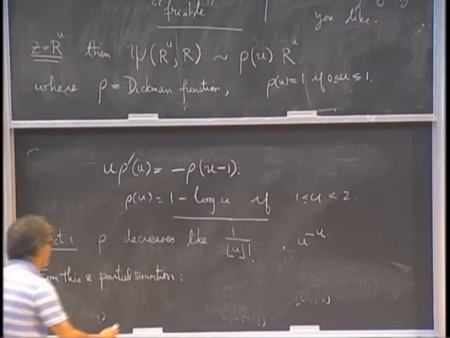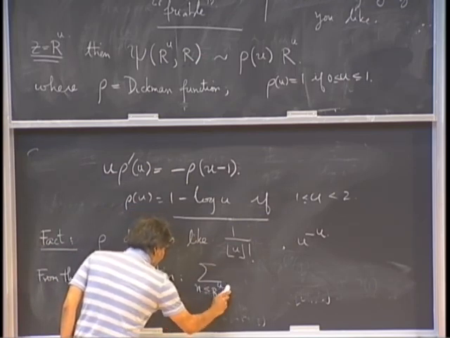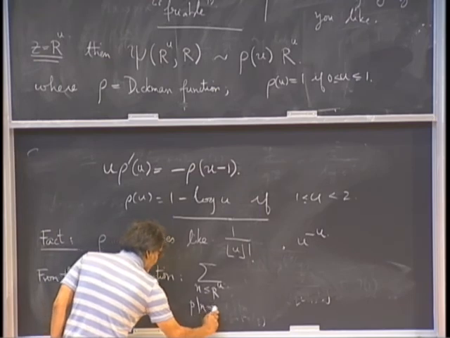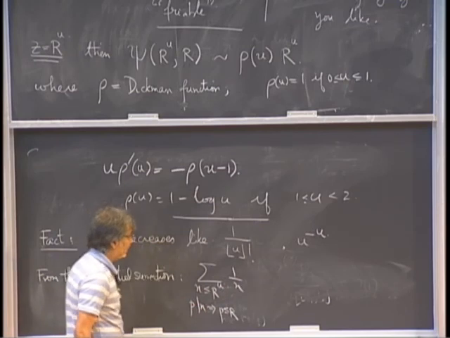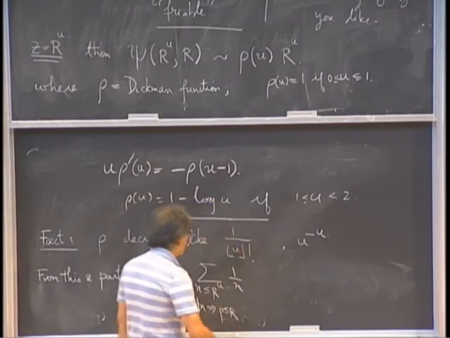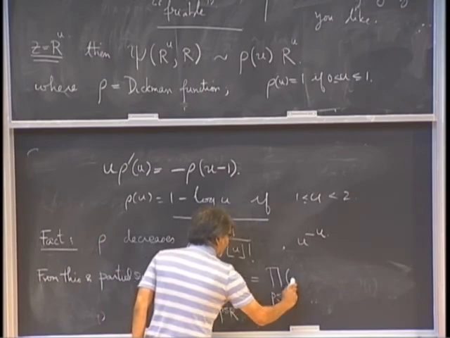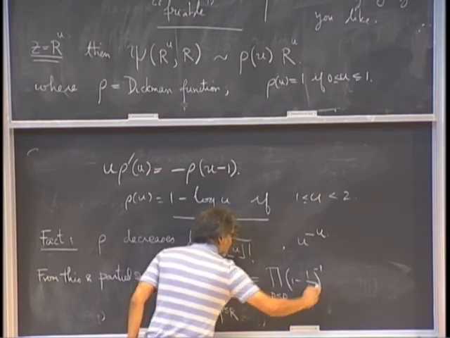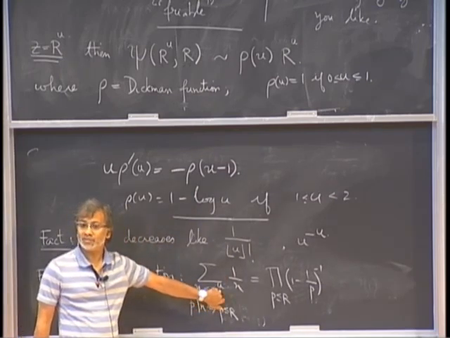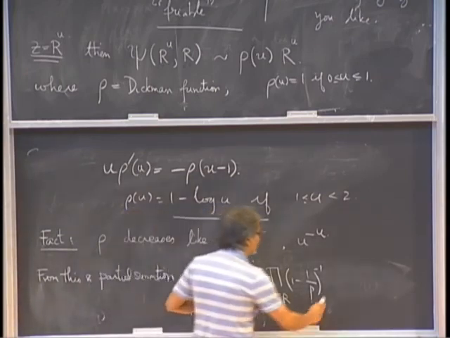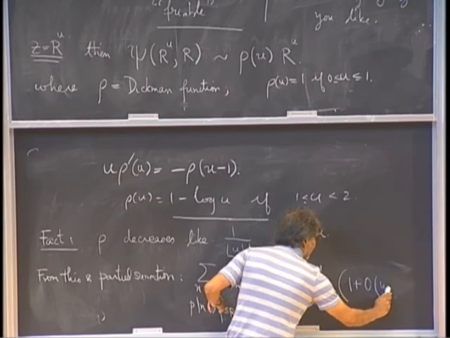From this, you can compute that if I take the sum over n up to r to the u, p divides n implies p is less than r, of 1 over n, you can prove that this converges to this product that you expect, the product over p up to r of (1 minus 1 over p) inverse. This would be what you get if u is like infinity, right? It becomes the whole sum. But it converges to this extremely rapidly. It's this plus something like u to the minus u.